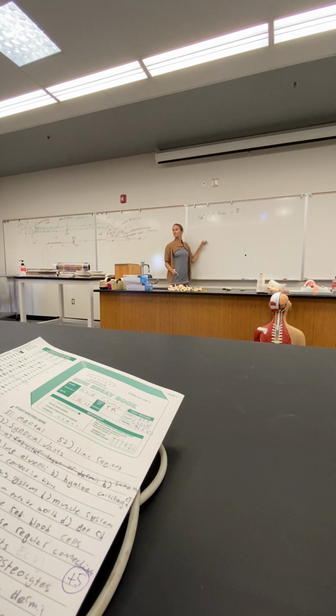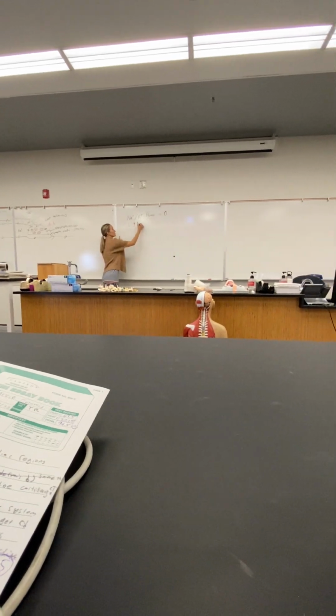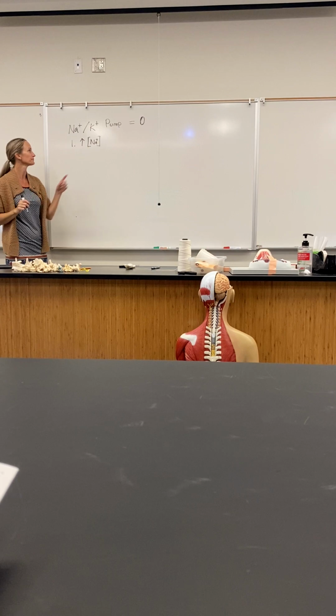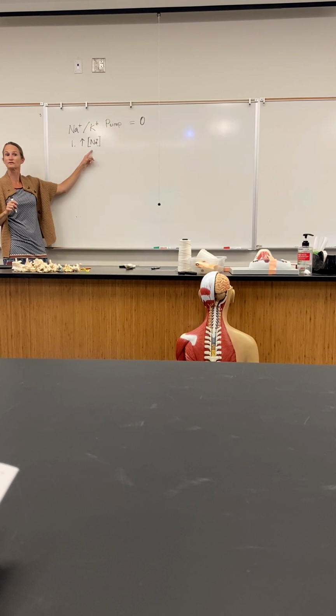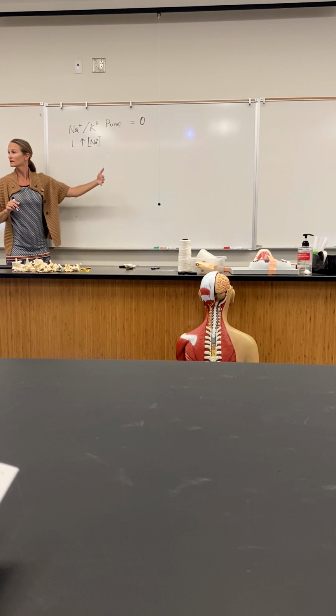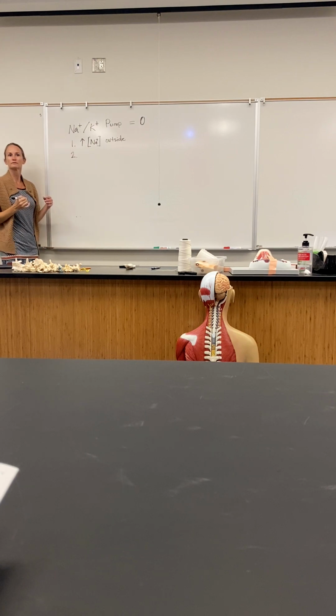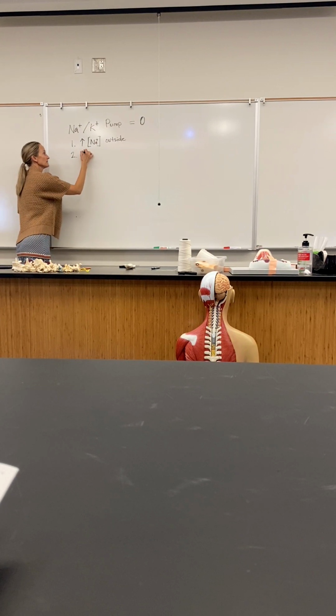So if I'm going to list what the sodium-potassium pump does for my cells, I'm going to say number one, it creates a high concentration of sodium. So I'm going to put a bracket around sodium. That's kind of a shorthand way of describing concentration. It's a high concentration of sodium outside of the cells. Number two, it does the same thing for potassium, but inside, different location.